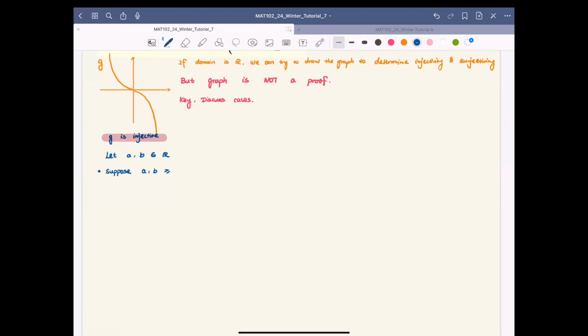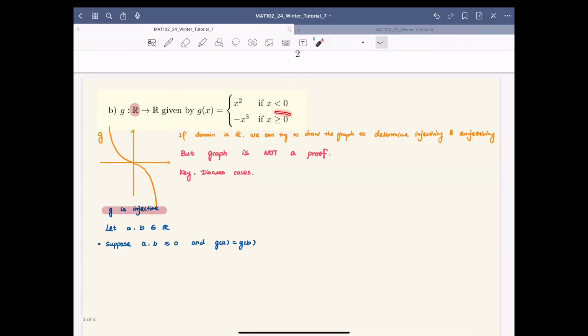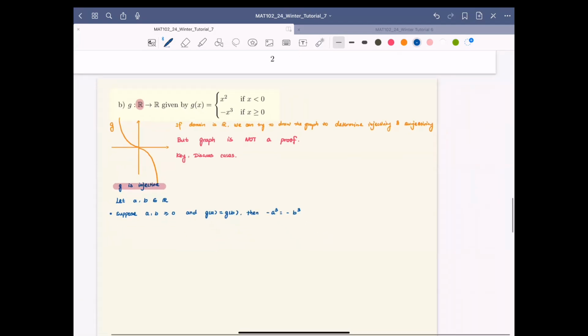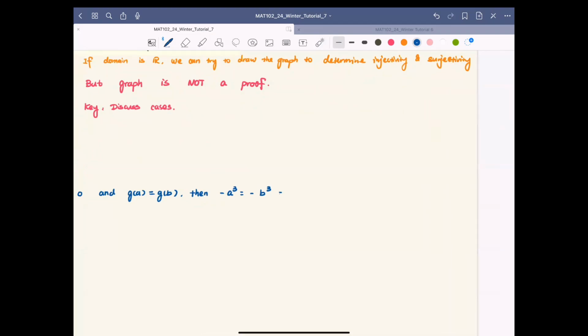Suppose A, B are both positive, and G of A equals G of B. Then, because they are both positive, they are both using this piece. So then we have negative A to the power of 3 equals negative B to the power of 3. And this implies that A cubed equals B cubed, which implies that A equals B. Okay? So the first case is done.